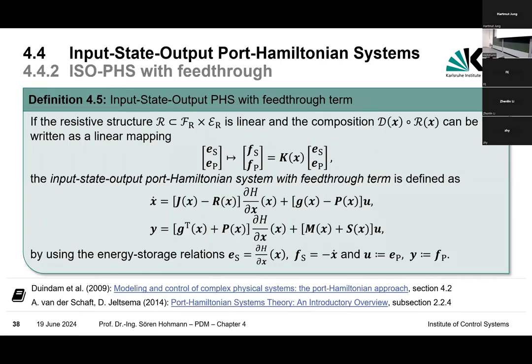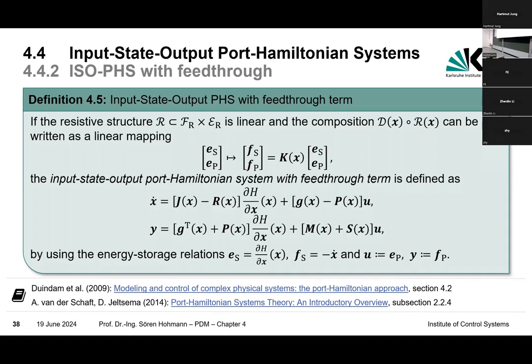Now we start with the general position. If we take a port-Hamiltonian system, we have to consider two things: first, the Dirac structure of the port-Hamiltonian system, and the resistive part.